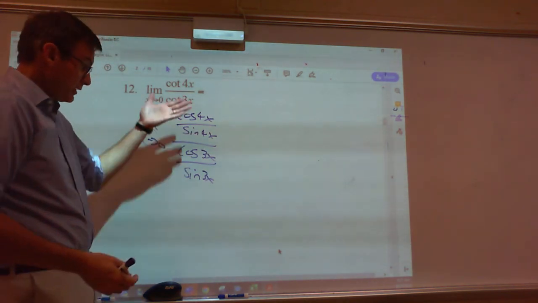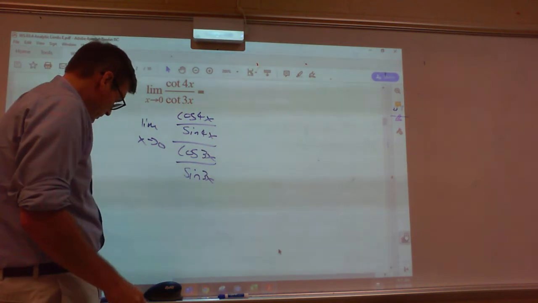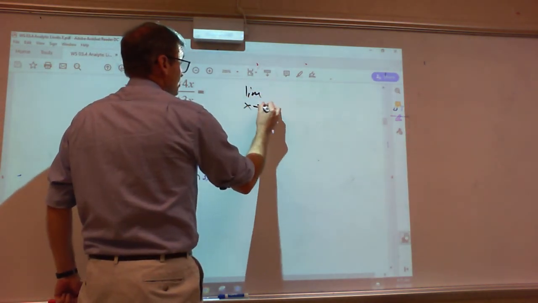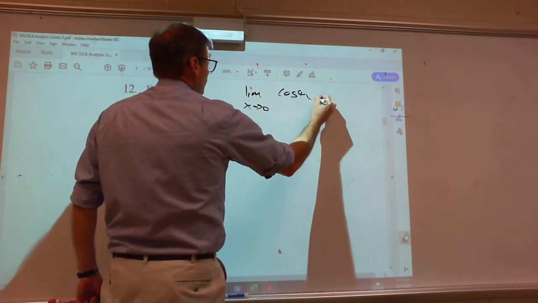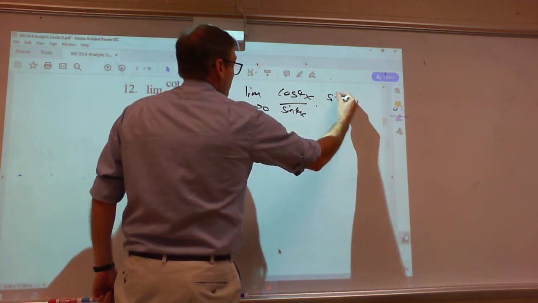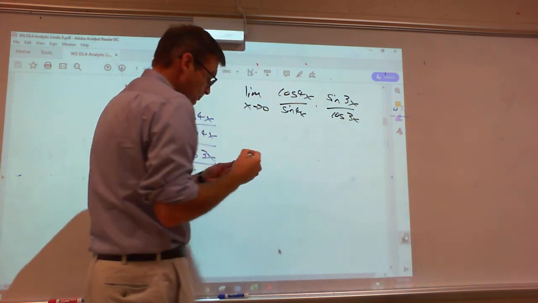And I don't like this whole layered stuff. So to fix this, we're going to do the limit as x goes to 0 of cosine of 4x over sine of 4x times sine of 3x over cosine of 3x.